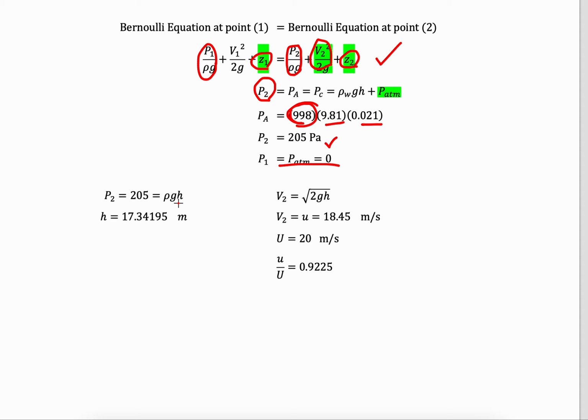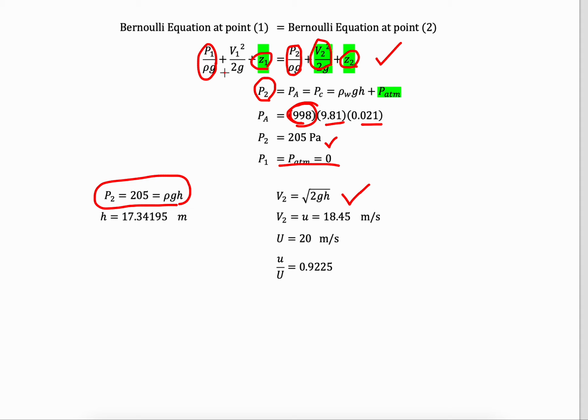So the idea is, this is the Torricelli theorem. Normally we could easily calculate the velocity as the square root of 2gh. Here the pressure is equal to rho gh, and the equation for velocity is v squared over 2g.